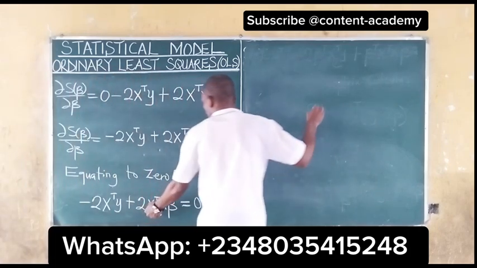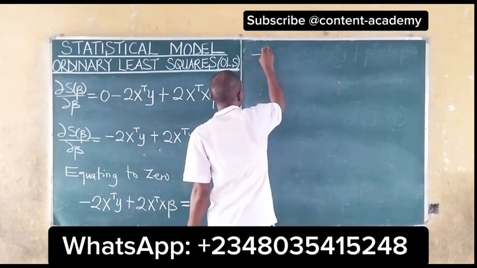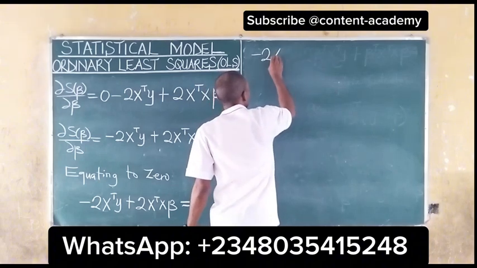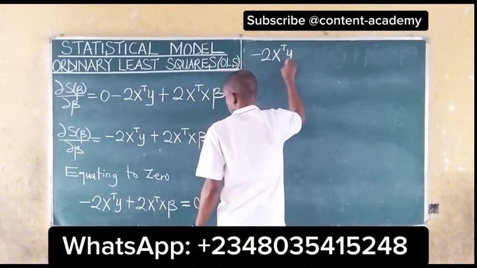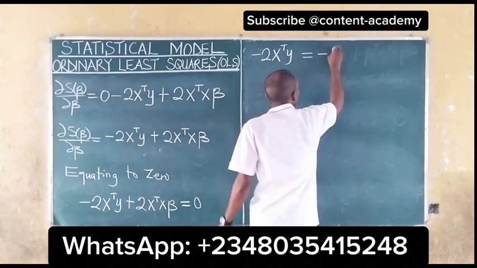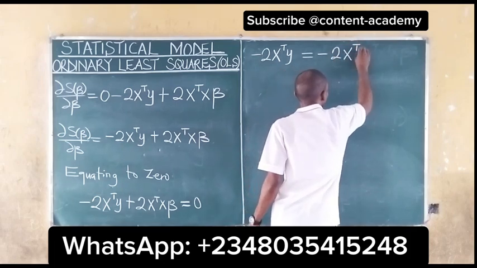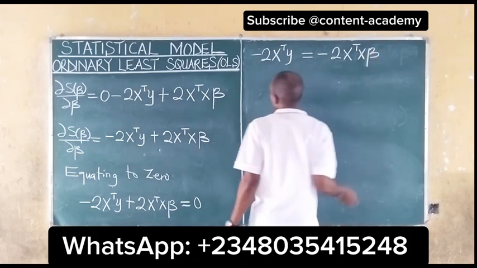So we have this. This can be written as negative 2 x transpose y equal to negative 2 x transpose x, then b.